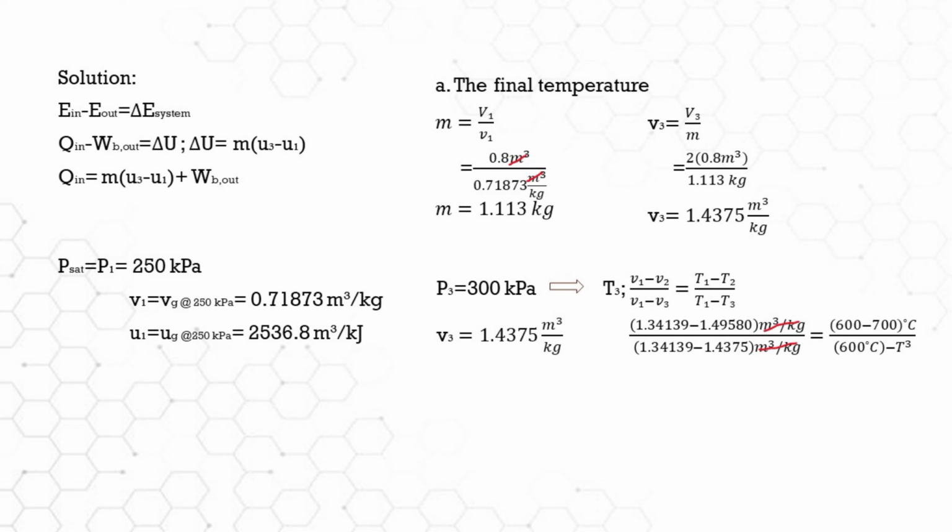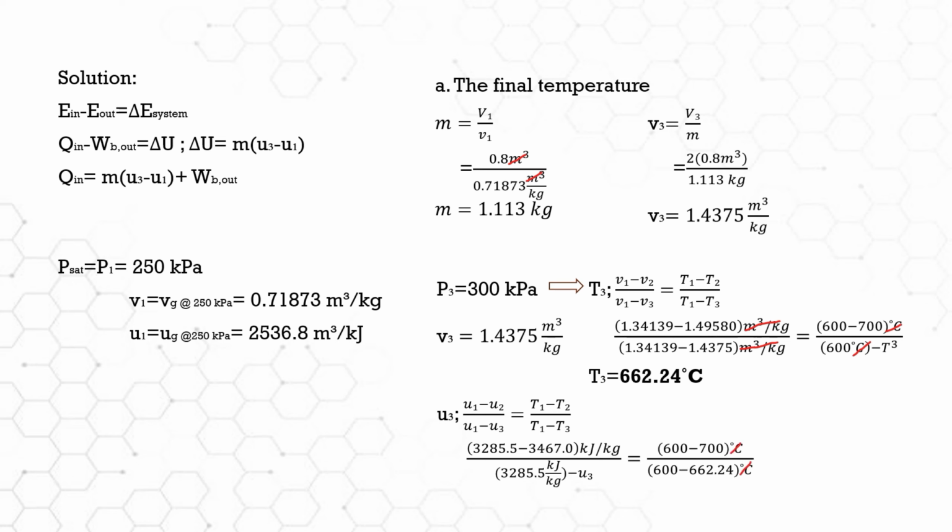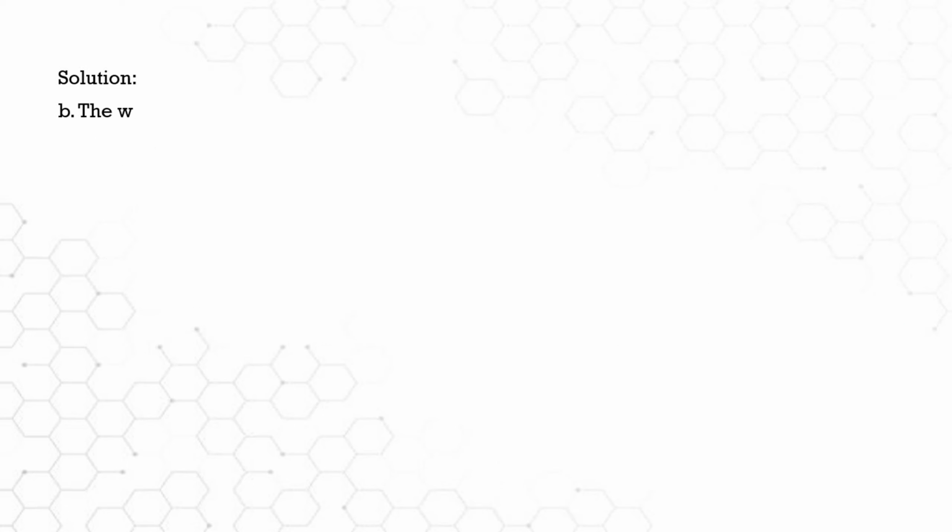So our temperature at state 3 equals 662.24 degrees Celsius. We also use interpolation in finding the value of our internal energy at state 3, which equals 3,398.47 kilojoules per kilogram.